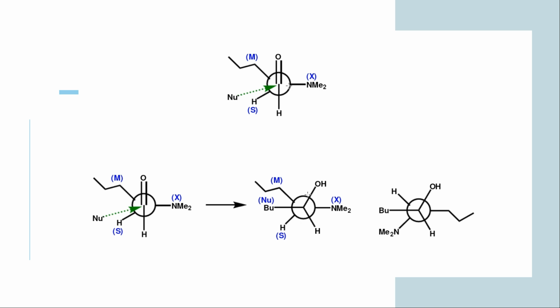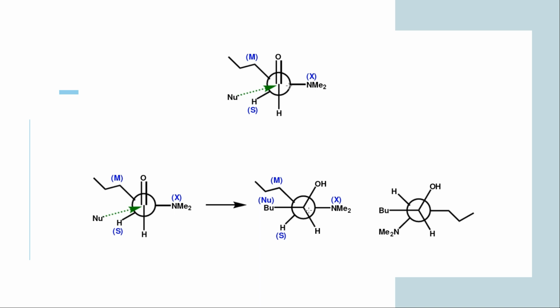This will be the orientation of the product that is being formed. As you can see, the nucleophile is attacking this way, and OH and H now will be oriented in this manner.